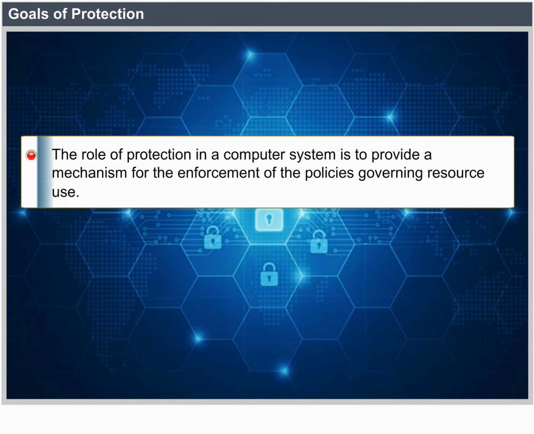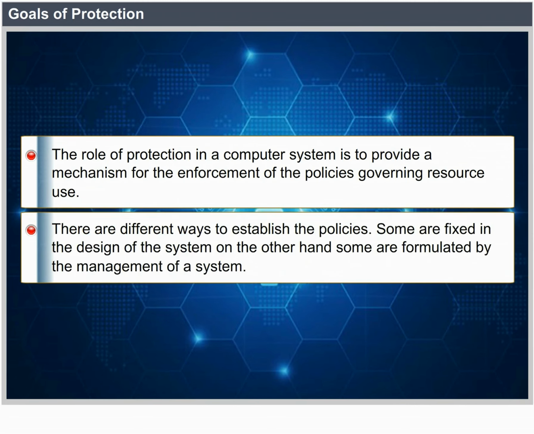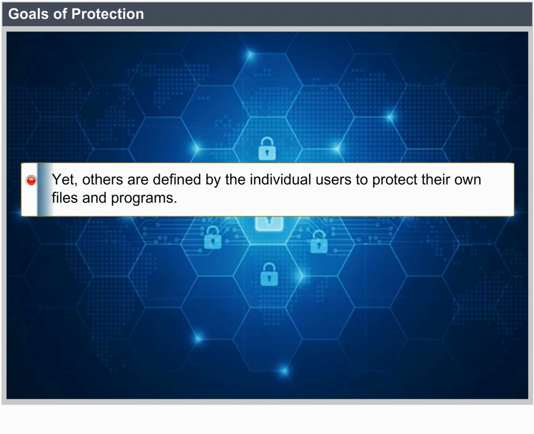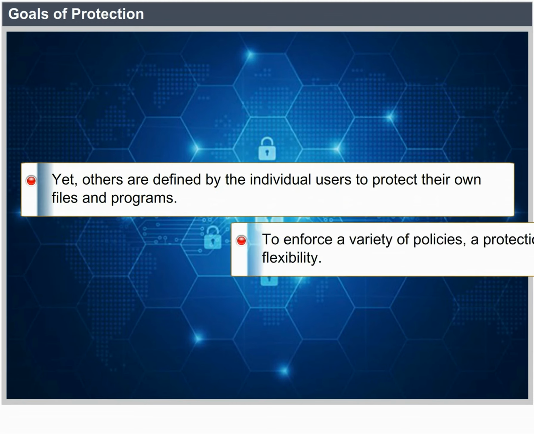These policies can be established in a variety of ways. Some are fixed in the design of the system, while others are formulated by the management of a system. Still others are defined by the individual users to protect their own files and programs. A protection system must have the flexibility to enforce a variety of policies.